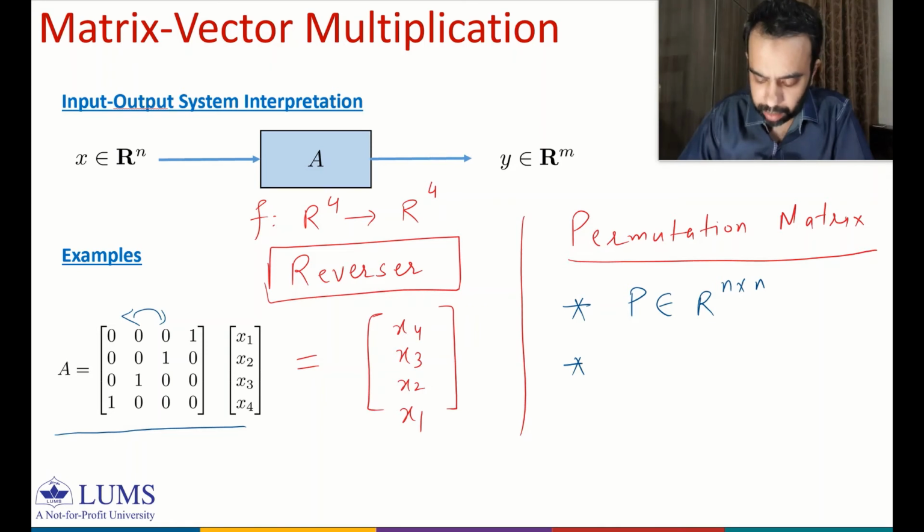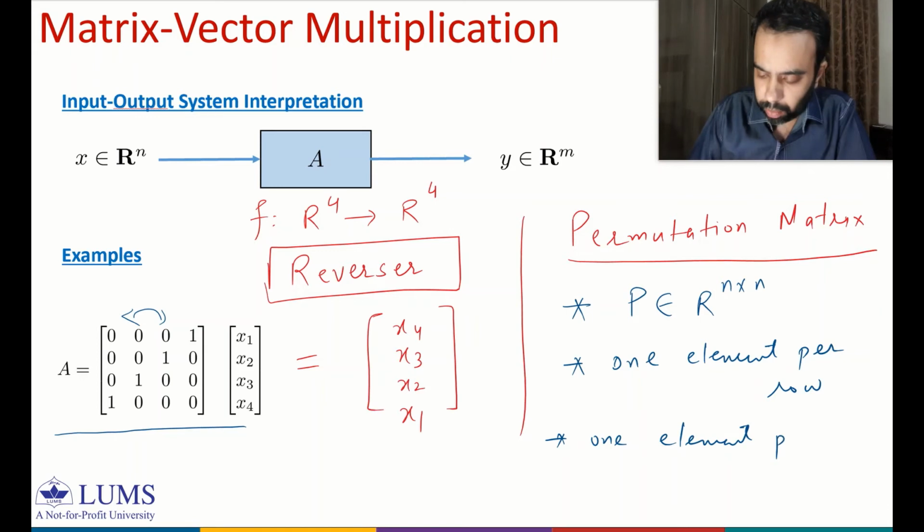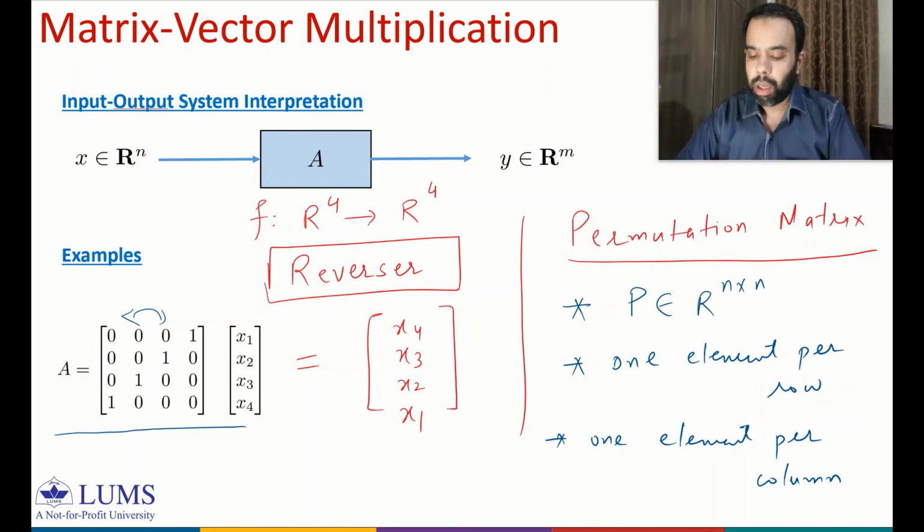It's a 0-1 matrix with one non-zero element per row, and we only have one element per column, and columns and rows can be arranged in different orders, but it must satisfy these two properties.